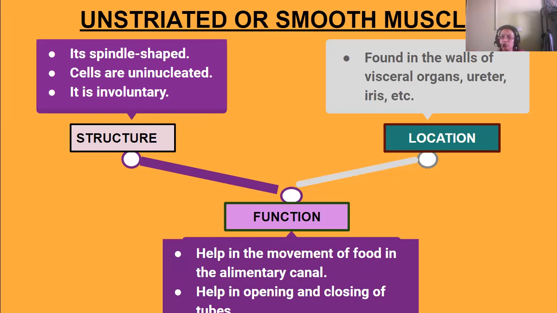The alimentary canal tubes, the blood vessel tubes, all these tubes are opened and closed by certain muscles. So the unstriated or smooth muscles help in opening and closing of the tubes, and even move the food through the alimentary canal.